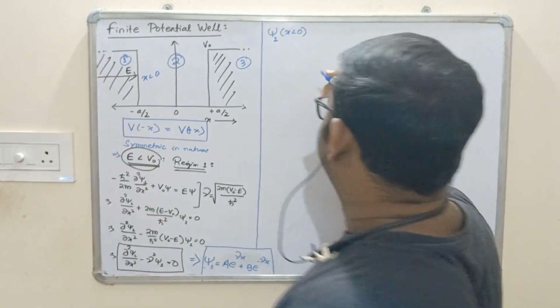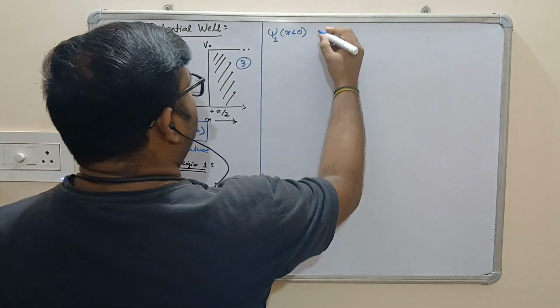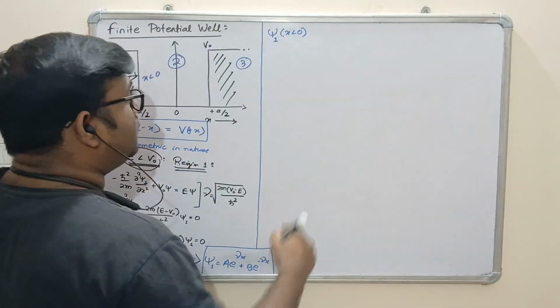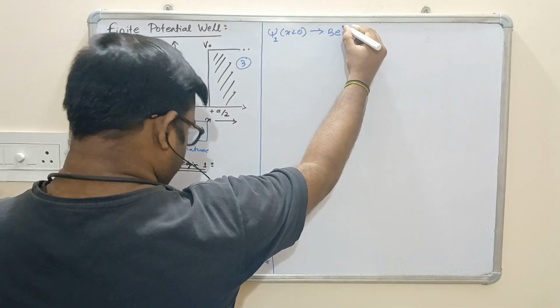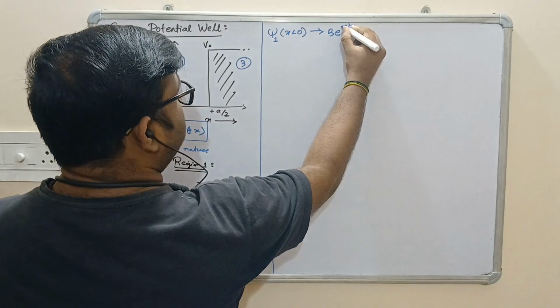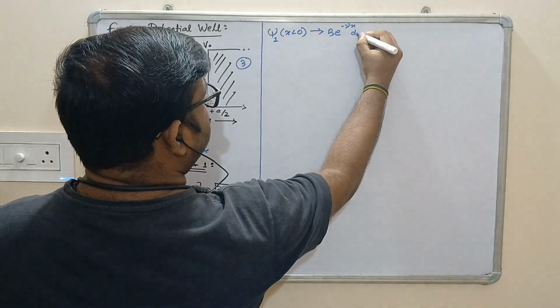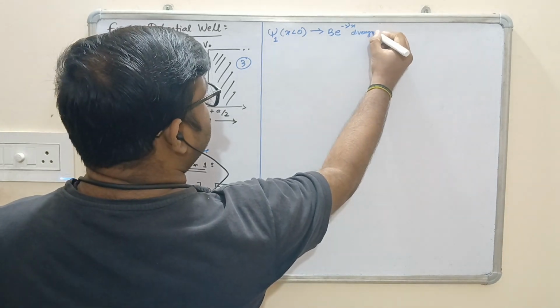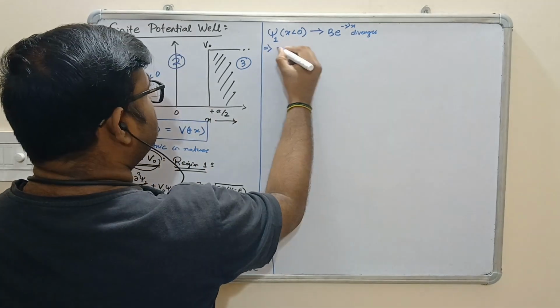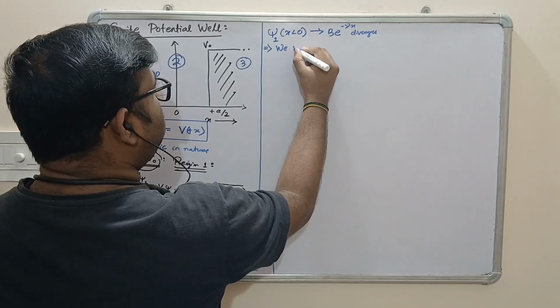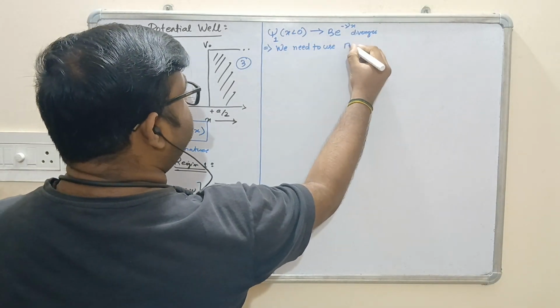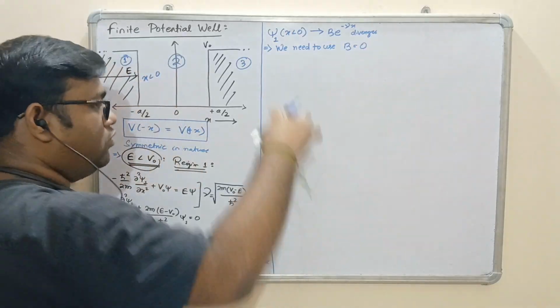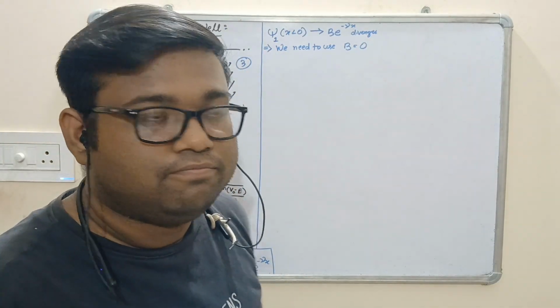So what will we do? For this condition, b e to the power minus nu x diverges. That implies we need to use b equal to 0 for the suitable solutions.